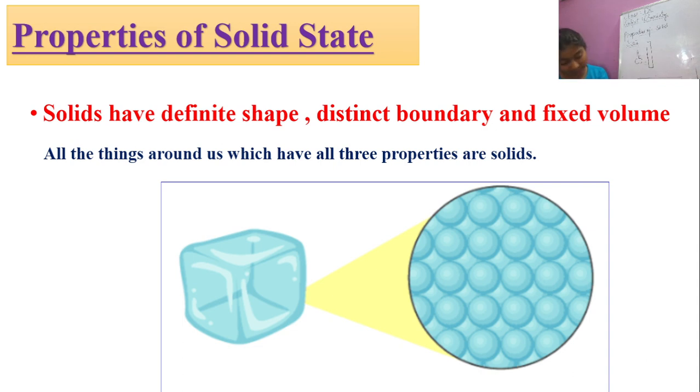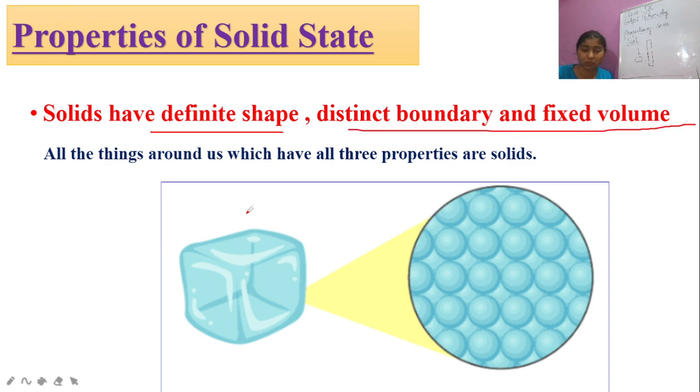And you can consider that they have fixed volume, right? So that's why we can say that the first property is that they have a definite shape, distinct boundary, and one more, fixed volume.